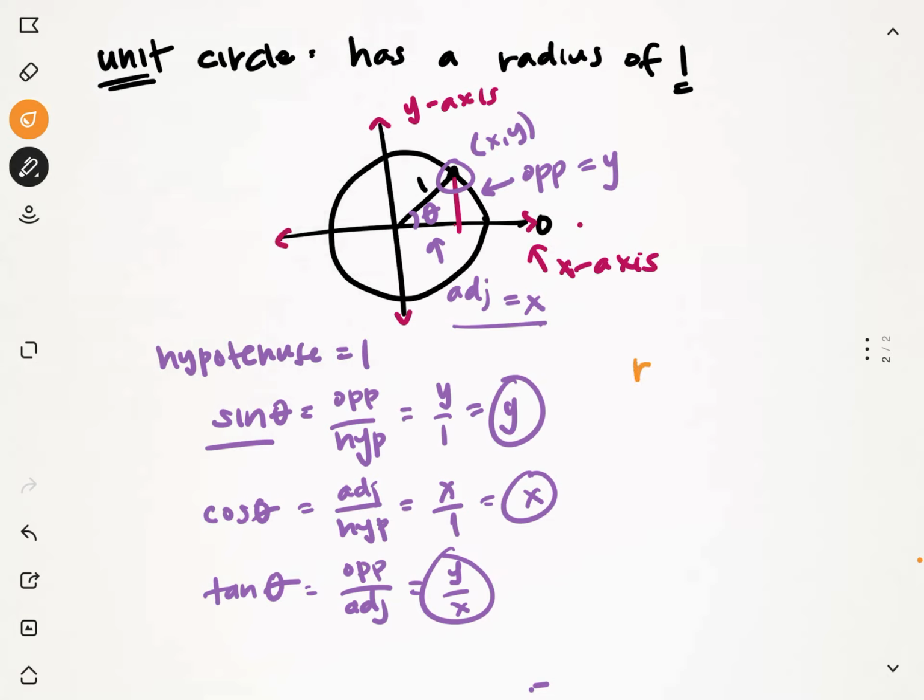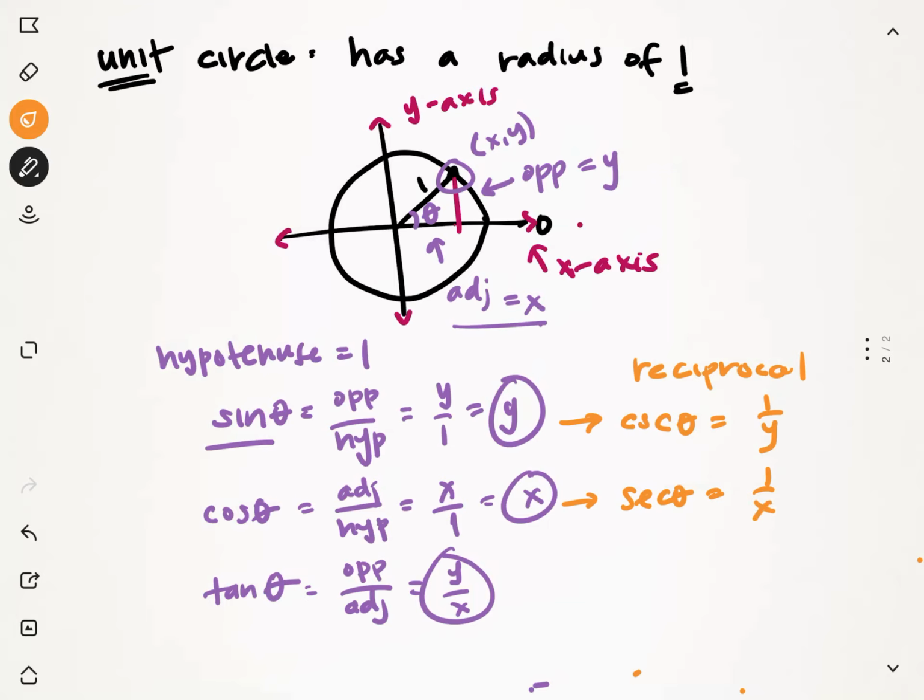Now let's do the reciprocal functions, right? So we know that the cosecant theta is equal to the reciprocal of y, so that's just going to be 1 over y. Right, we just took our value y from the sine and reciprocated. Same thing with cosine and secant.